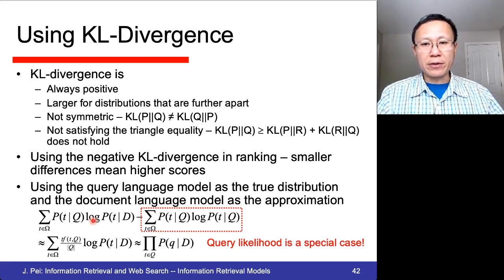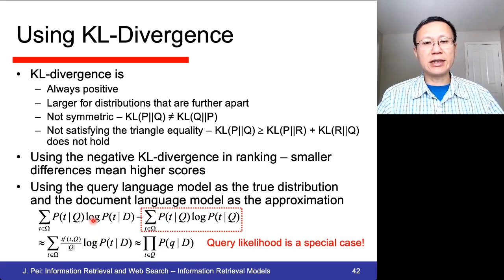There are several properties of the KL divergence. First, KL divergence is always positive. And the larger the KL divergence, the less similar the two distributions, the further away the two distributions are.